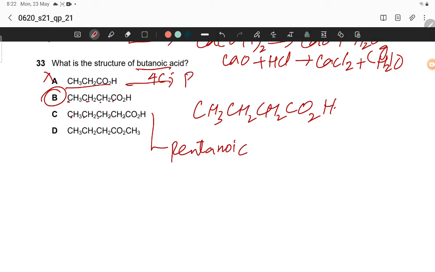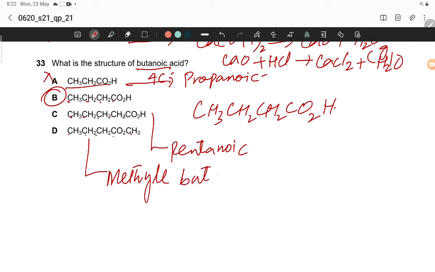This is propanoic acid. This is butanoic acid, and this is an ester, methyl butanoate. So also incorrect.